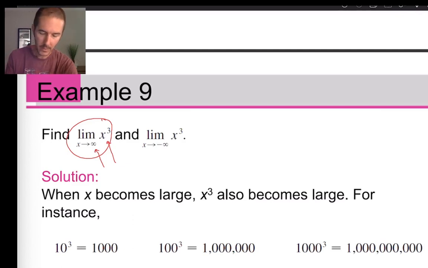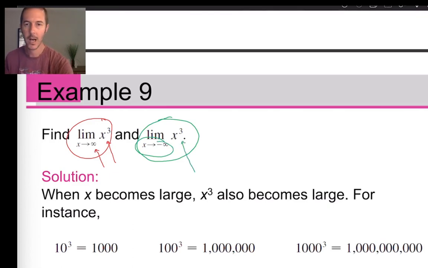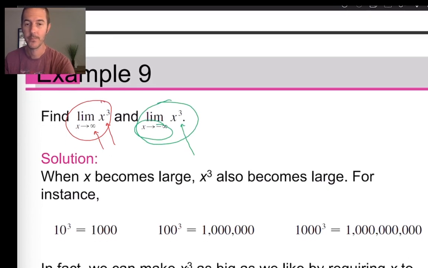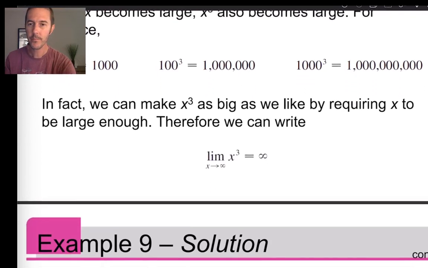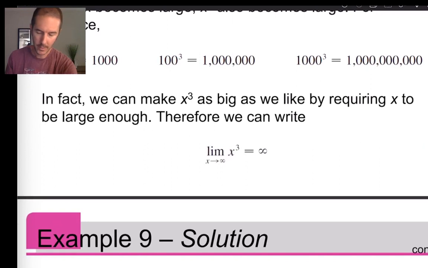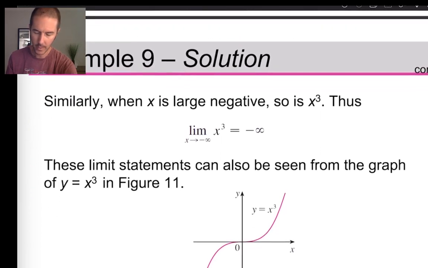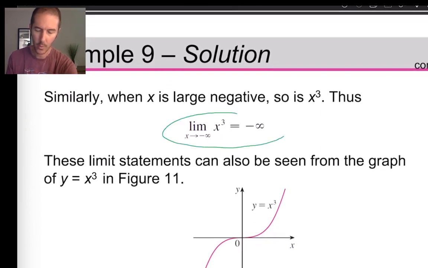Now in the second case, as we're heading off toward negative infinity, we're taking a very large negative number and raising it to an odd power, and a negative to an odd power will yield a negative number, and in this case it's going to be a very big negative number. So as we again head off toward positive infinity, the y values will get really large in the positive direction, but as we head off to negative infinity, our y values will get really large in the negative direction.